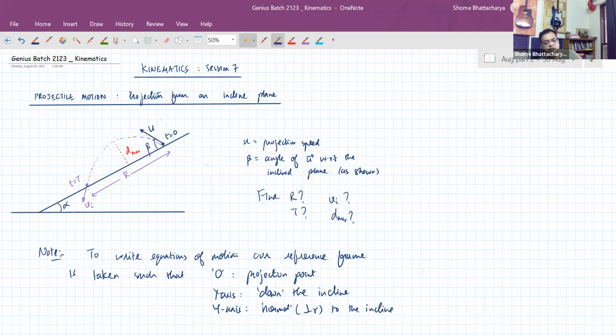Again, such that the initial velocity vector lies in the xy plane.